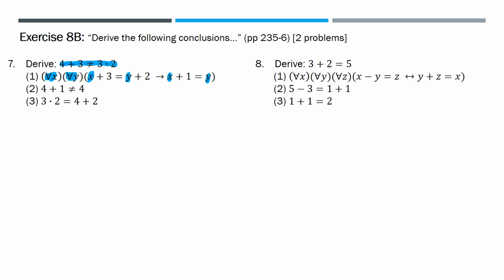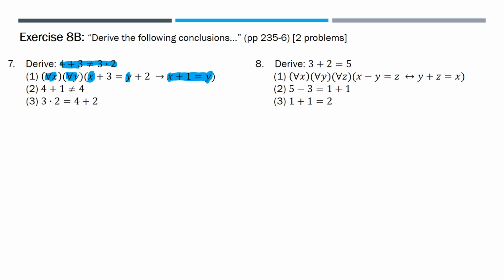We want to derive 4 plus 3 does not equal 3 times 2. So it looks like for x we want a 4, then we can get our 4 plus 3. Moreover, if we look at this consequent here, x plus 1 equals y, if we substitute 4 for x, we have 4 plus 1.